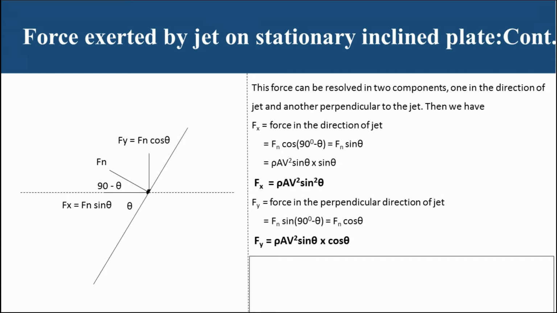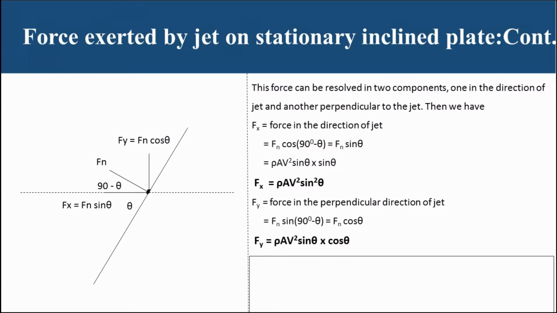So remember these three formulas. The force exerted by the jet in normal direction of inclined plate is rho a v square sin theta. The force exerted by the jet on inclined plate in the direction of jet, that is Fx, equals rho a v square sin square theta, and the force exerted by the jet on the plate in vertical direction, Fy.